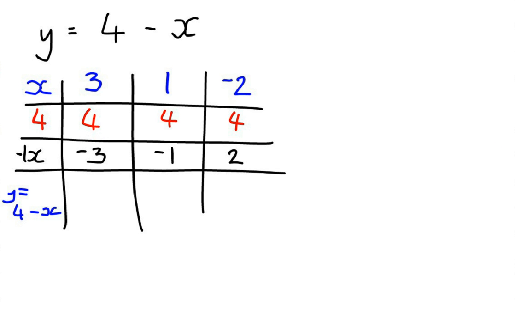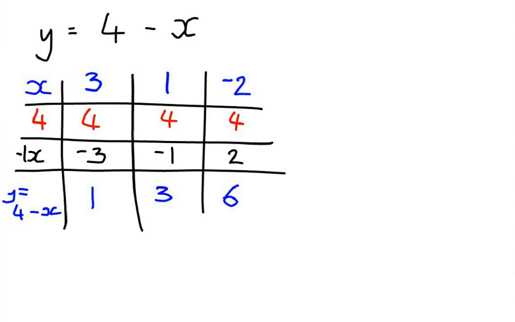So 4 take away 3 gives me 1. 4 take away 1 gives me 3, and 4 take away negative 2, so add 2, gives me the 6. You're actually adding these boxes together: 4 plus negative 3 will give me 1, 4 plus negative 1 will give me 3, 4 plus positive 2 will give me 6.